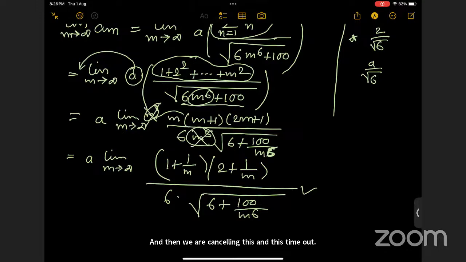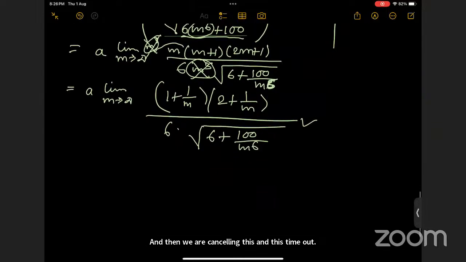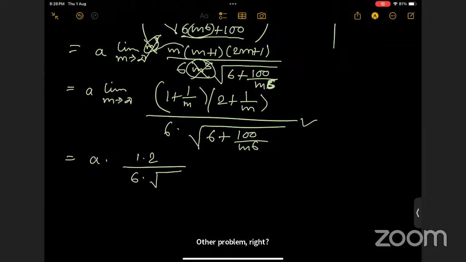Okay. Now we can put m tending to infinity directly. So there is no other problem, right? So it will be 1 into 2 and there will be 6 into root 6. So this is 3. It will be a by 3 square root 6.